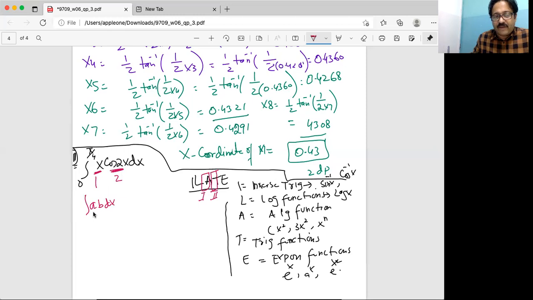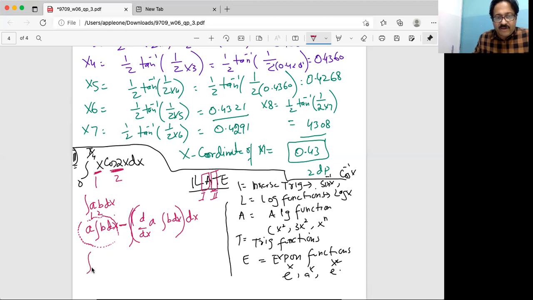If you are taking this as the first function and that as the second function, then first function times integral of the second function, with the dx sign written there, minus the whole integral of the derivative of the first function times the integral of the second function, again with dx.